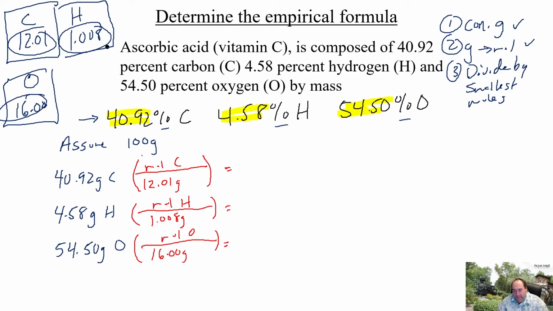So we'll take our 40.92 divided by 12.01. That's going to give us 3.4072 moles of carbon. We'll take our 4.58 divided by 1.008, going to give us 4.544 moles of hydrogen.